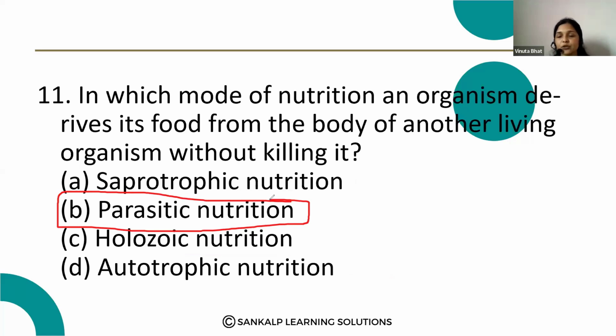In case of heterotrophic nutrition, for example, a lion kills the deer to get its food. But in this type of nutrition, they get the nutrition without killing that host organism. So that is the parasitic nutrition.